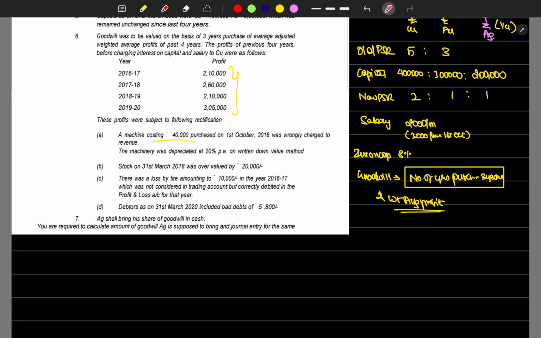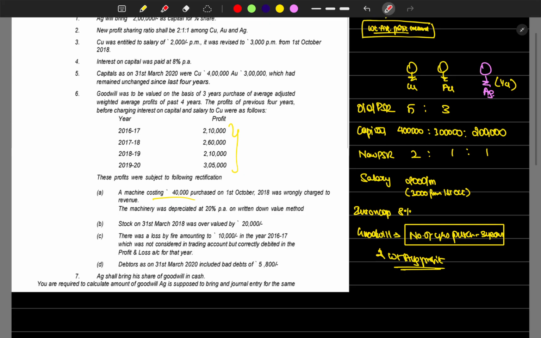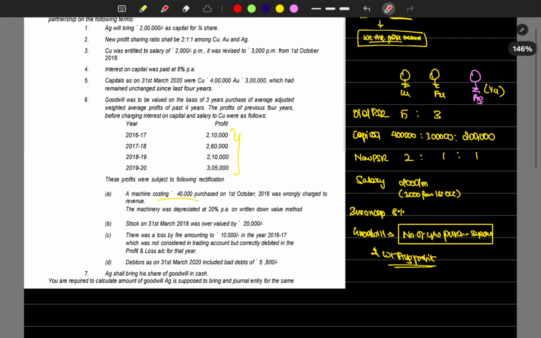Then AG brings his share of goodwill; AG brought the total amount of goodwill as cash only.